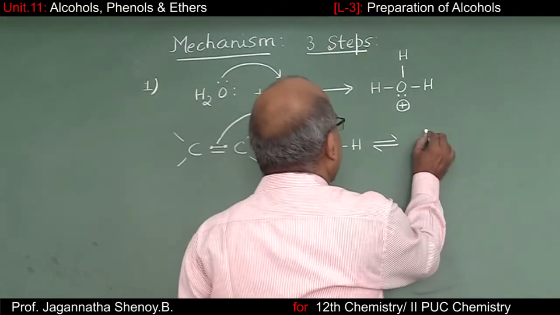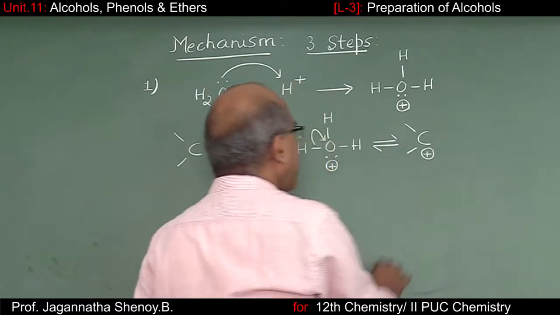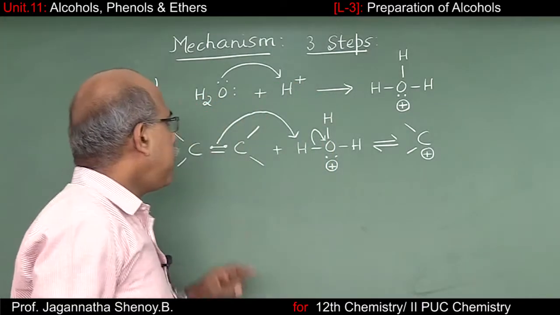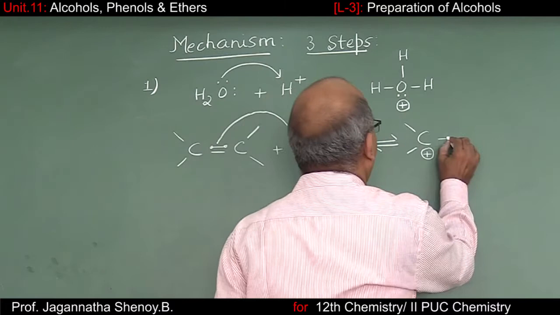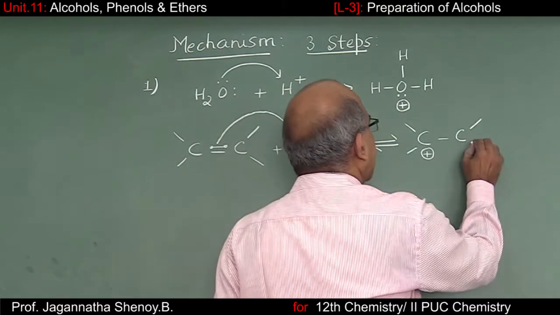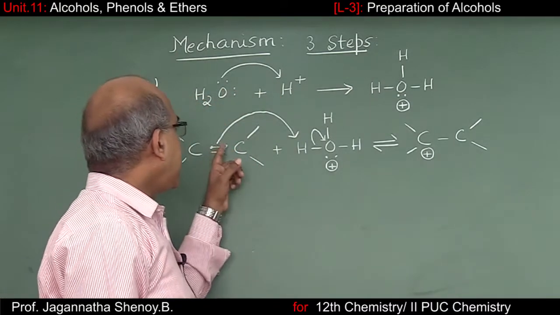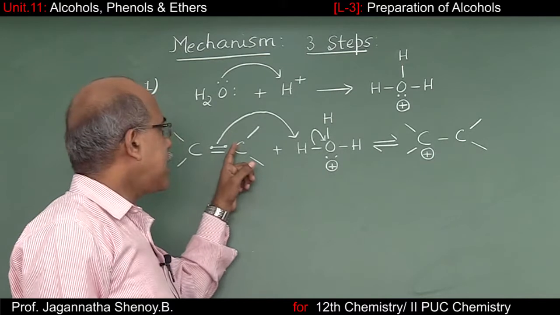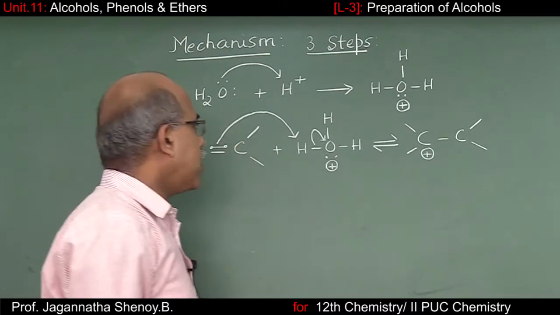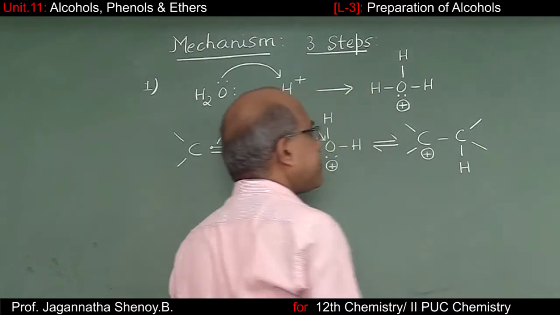So I can write the structure like this now. This carbon atom must have a positive charge. So double bond should become a single bond. Then we have a carbon, and on this carbon now there are 2 unsatisfied valencies. And a bond is formed between this carbon atom and hydrogen. So I'm going to represent it like this.